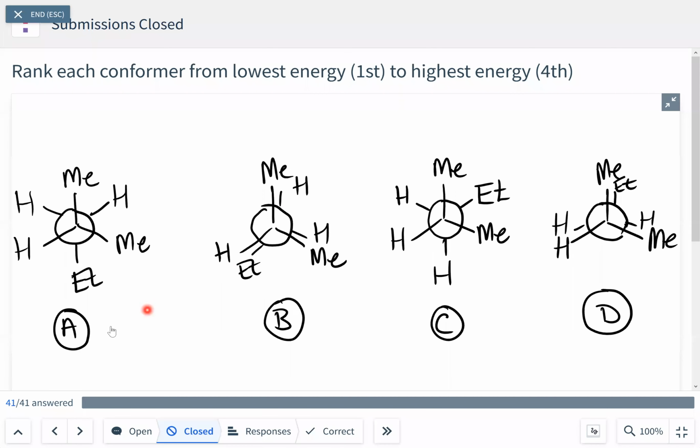Whereas in staggered conformations, the only energy you're going to have would be steric strain, which would only take place in a gauche type conformation.